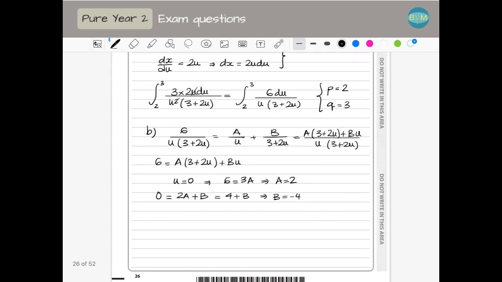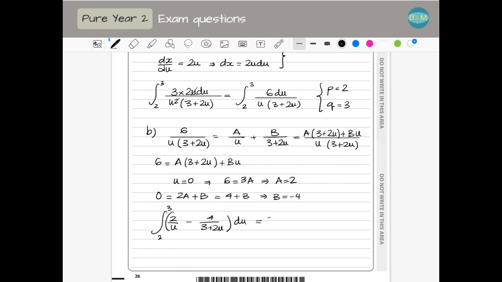So this expression can be written as 2 over u minus 4 over 3 plus 2u, and I'm going to integrate that between 2 and 3 du. And now this is very easy, because when I have a number divided by u, or the derivative of the denominator, I have ln.